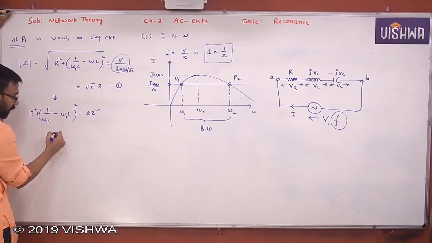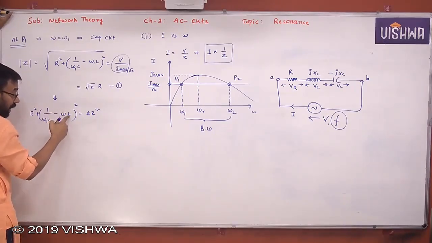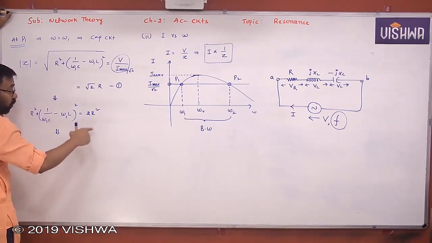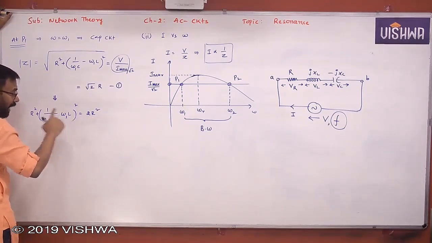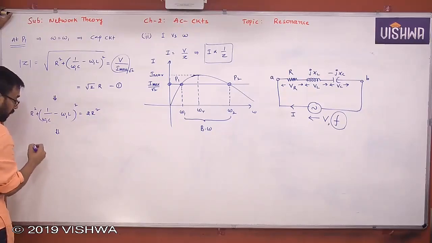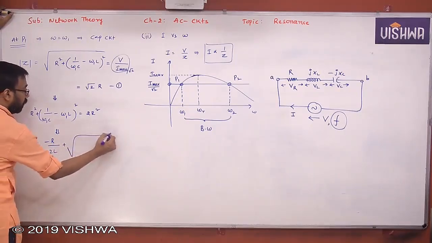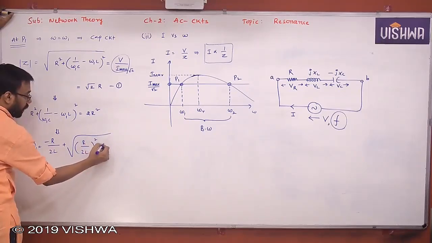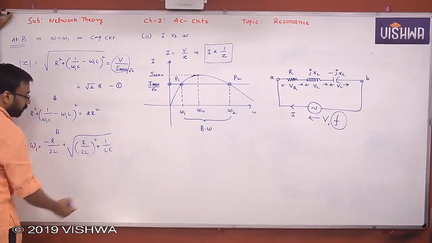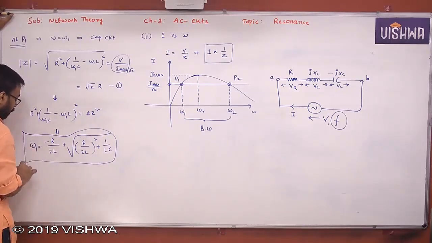Finally, when you simplify this, you get omega 1 square LC plus omega 1 C R minus 1, so you get a quadratic equation. If you solve this, omega 1 is equal to minus R by 2L plus root of (R by 2L) whole square plus 1 by LC. This is the half power frequency at point P1.